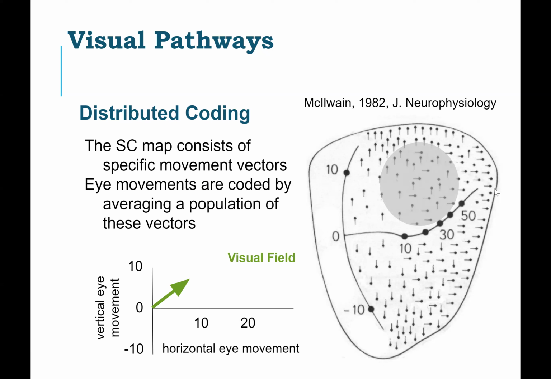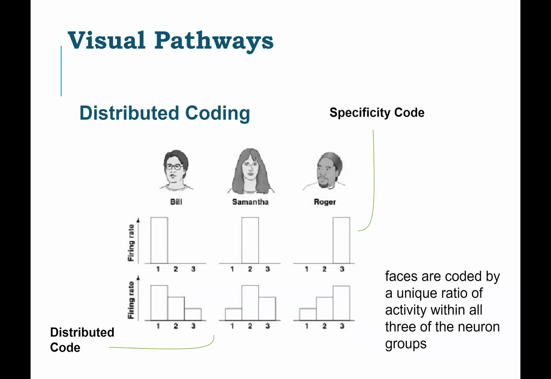A lot of them are coding, we're going to talk about this a little more, for horizontal rightward movement. A lot of them are coding for vertical upward movement. And together, they're coding for a diagonal movement. But it's a population. And this should remind you again of what we talked about before, which is distributed coding, right?